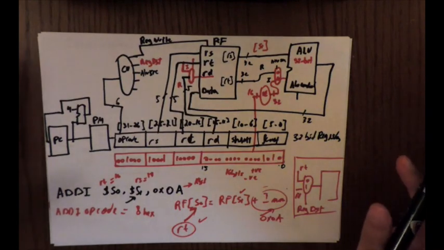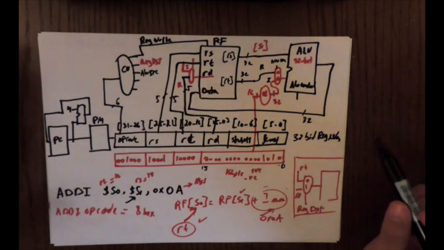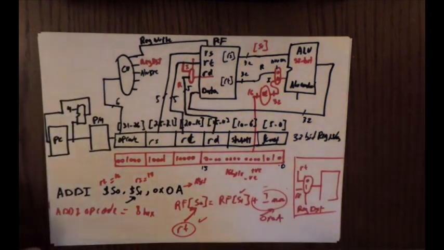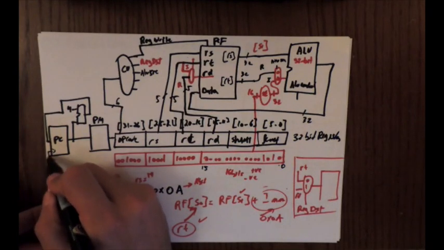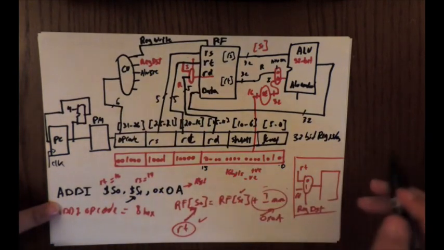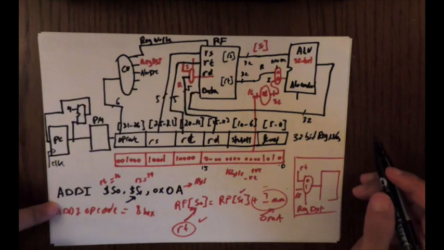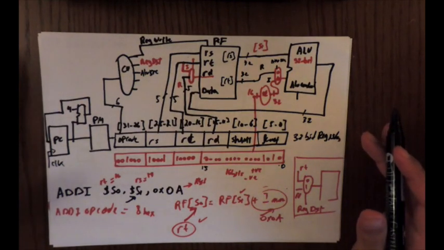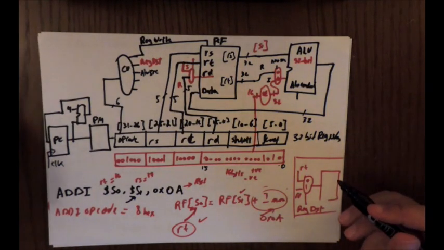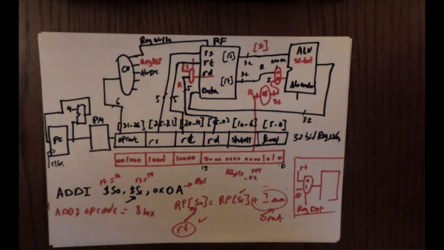And for now the ADDI is fully done. Remember that this is all happening in a single cycle, and this is the clock that is controlling the execution of the whole instruction. The next step will be discussing load and store instructions, which will be in the next lecture.